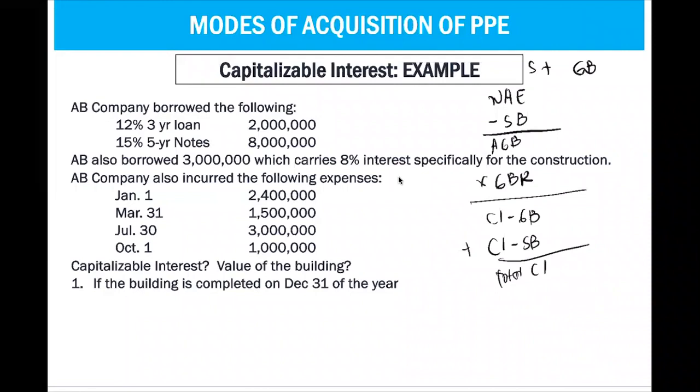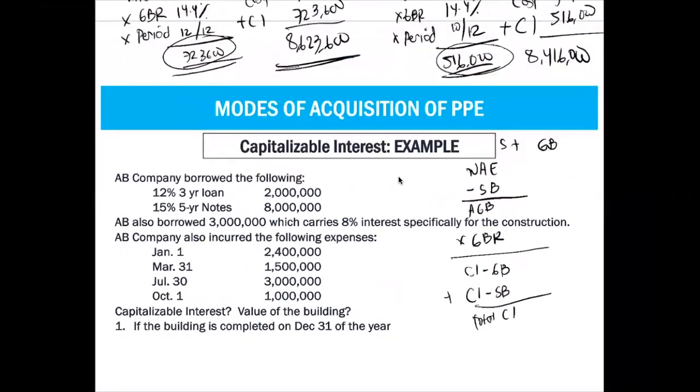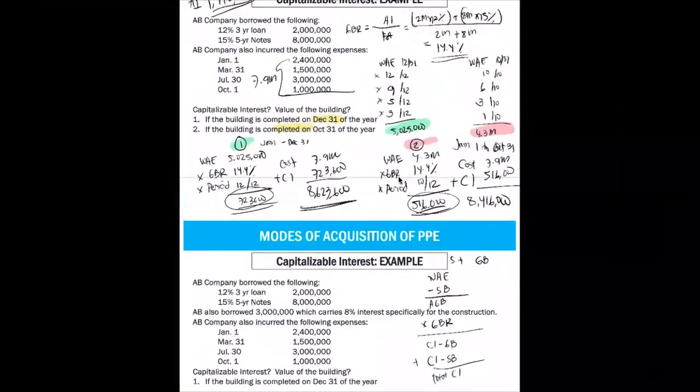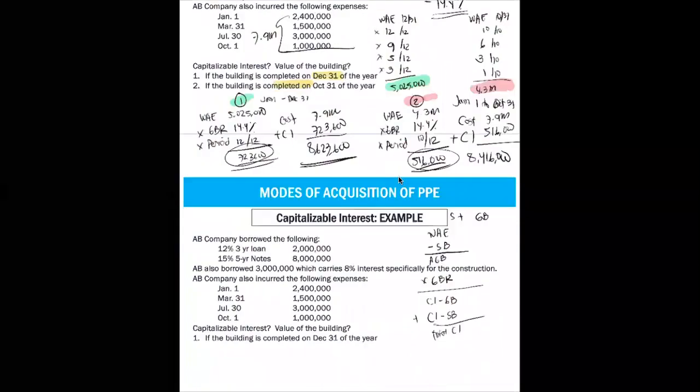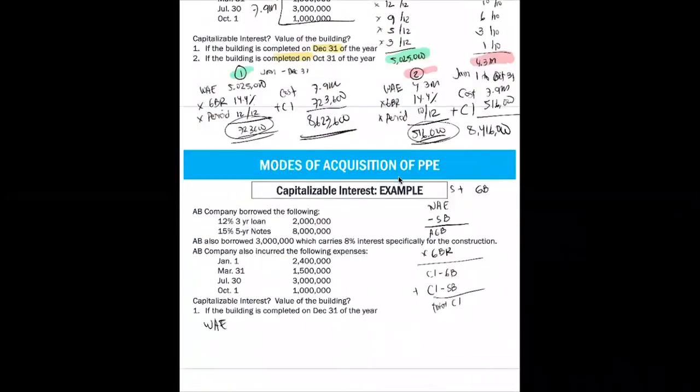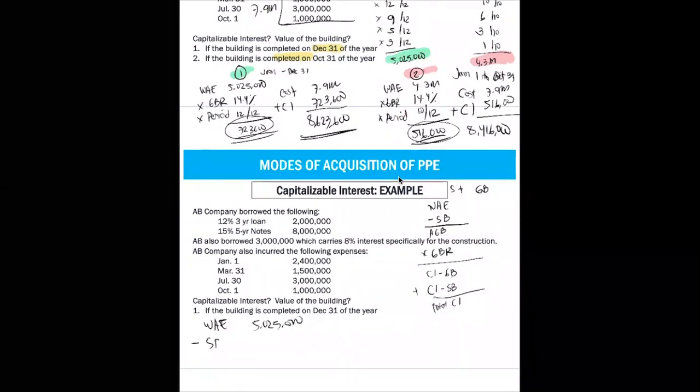Okay. So, same lang halos, di ba? Nagdagdag lang ako dito ng amount ng specific. Pareho lang siya dun sa previous problem. Nagdagdag lang ako ng specific dito. So what is the weighted average expenditures? We have computed this a while back. We have 5,025,000. You deduct the specific borrowing.